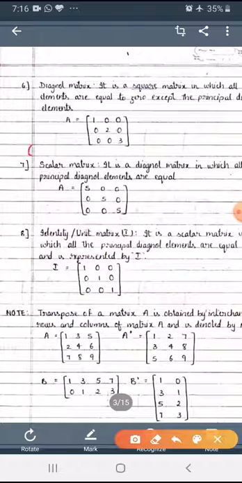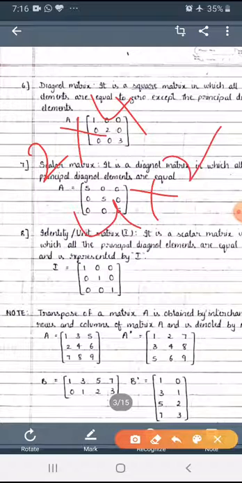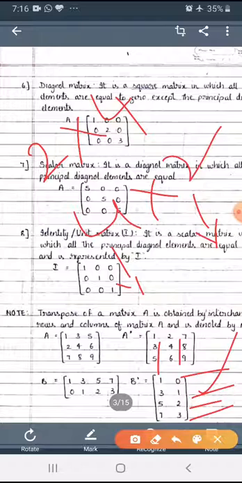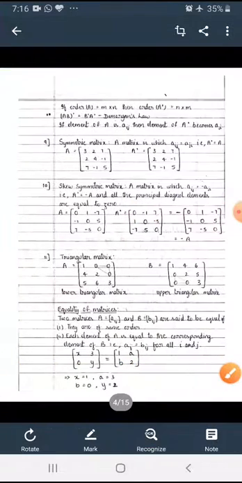The order is 2 by 4; after interchange the order will change to 4 by 2, so 4 rows and 2 columns. See here: 1 0, 3 1, 5 2, 7 3. Here 4 rows and 2 columns are there. This matrix is called the transpose of the matrix. It's also important.